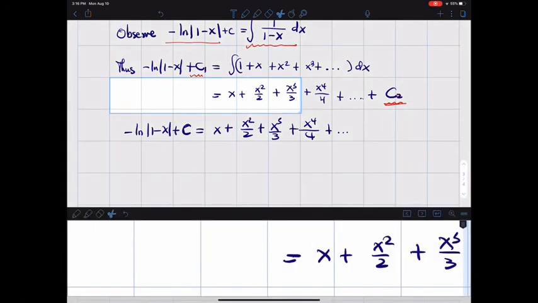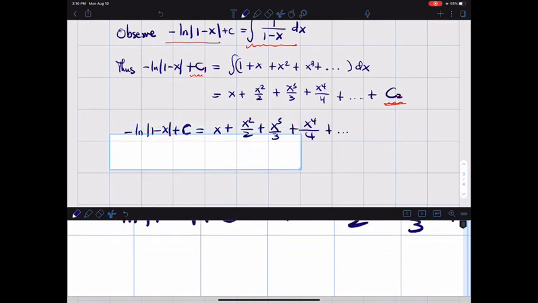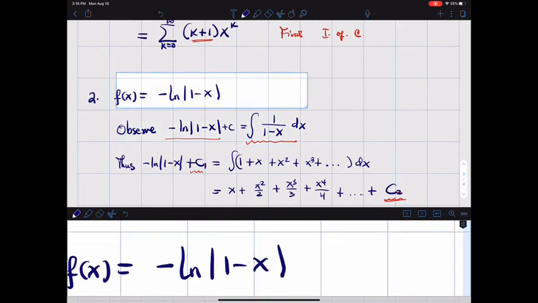So we combine c1 and c2, so c1 minus c2 is called c now. But in our original problem, that means that c is 0.